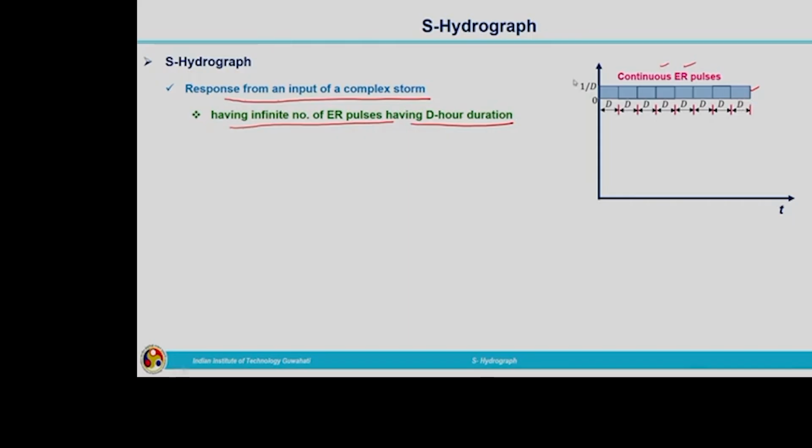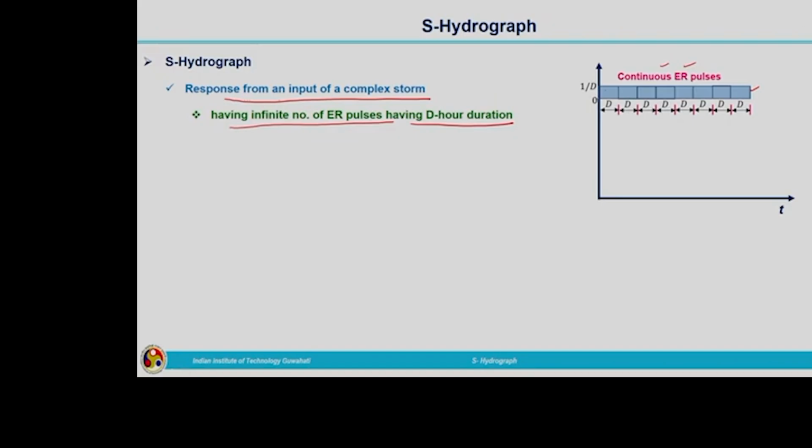and this complex storm can be divided into continuous effective rainfall pulses like this. Each pulse can be considered as a pulse input having an intensity of 1 by d centimeters per hour, or 1 centimeter depth uniformly distributed over that particular duration.